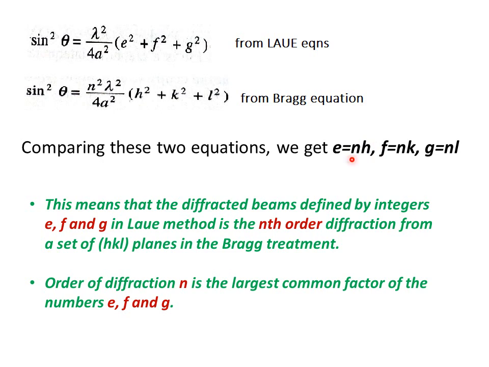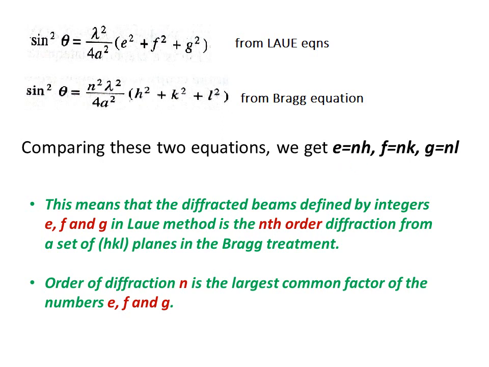And when you look at this equation, you can see that this n, which is the order of diffraction in the Bragg picture, will be the largest common factor of the numbers e, f and g.